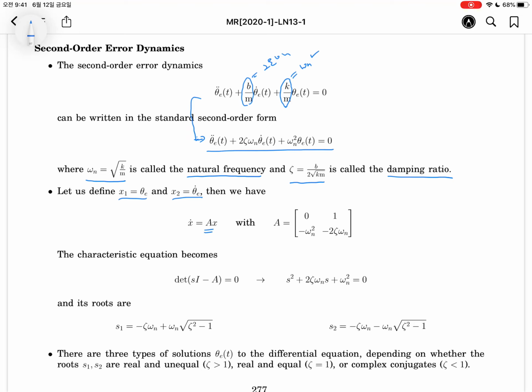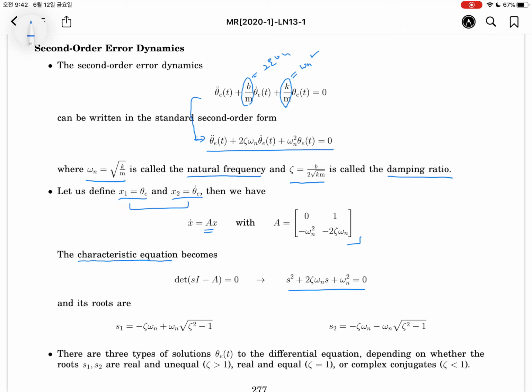So it's not difficult to obtain the system matrix A. By taking a time derivative on both sides, we get the A matrix. And then the characteristic equation will be determined by the determinant of sI minus A. So we have this equation.